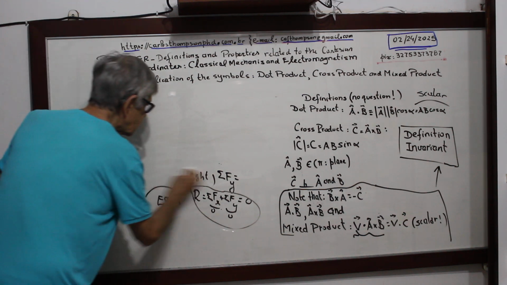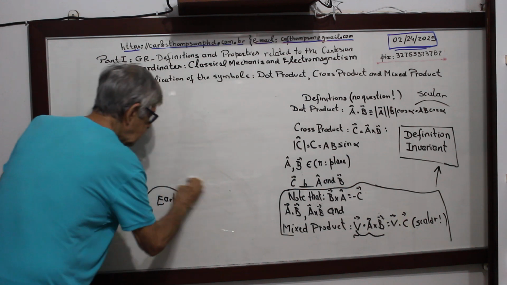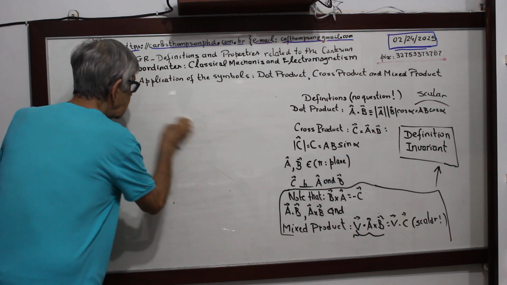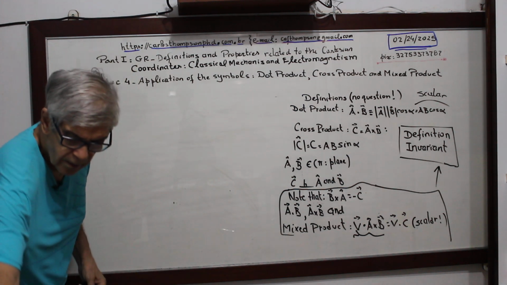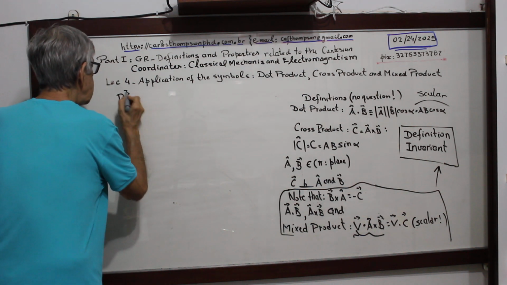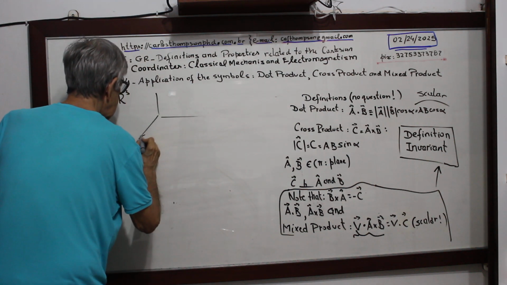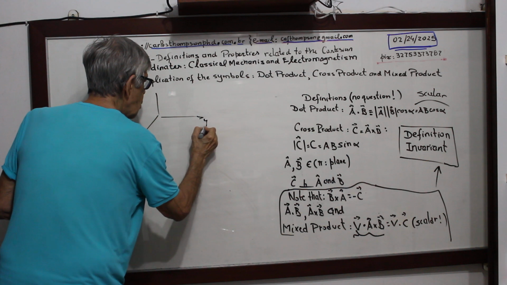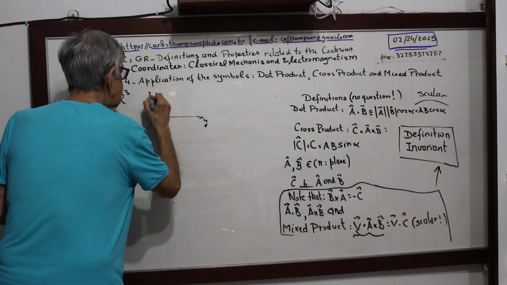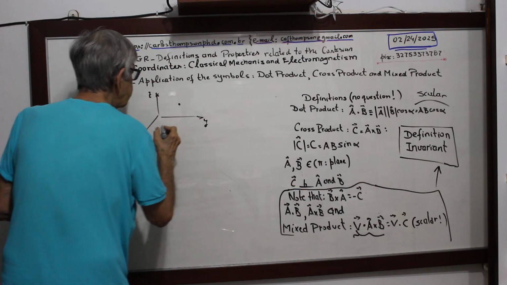To fix this concept about invariance, look. I have the space R3. Then I have, for instance, X, Y, and Z. This is a point here.